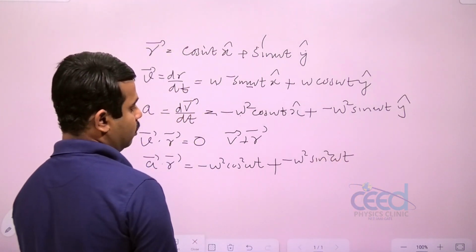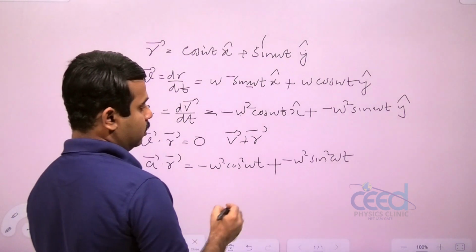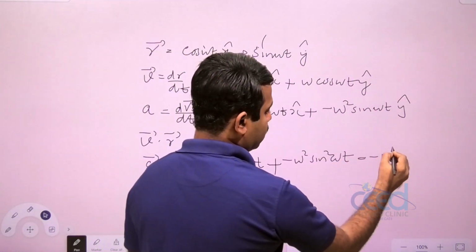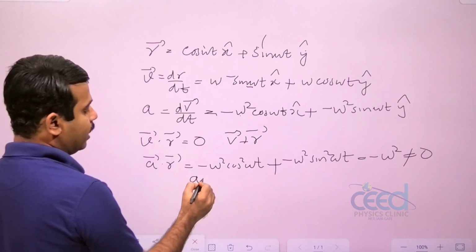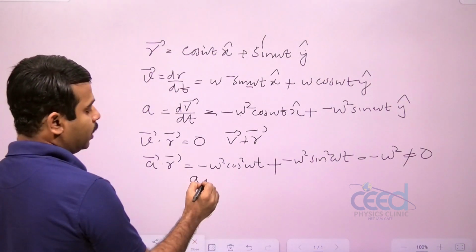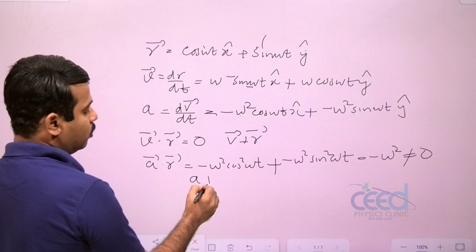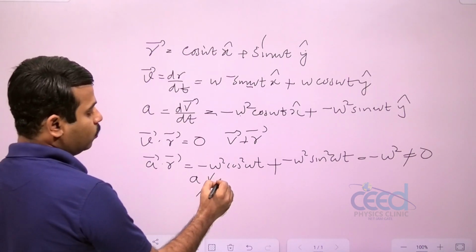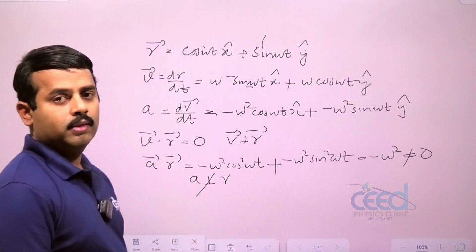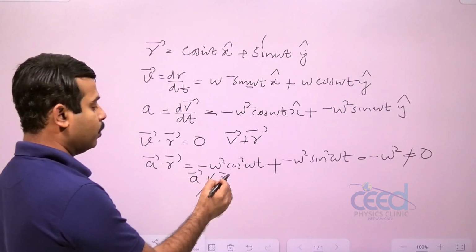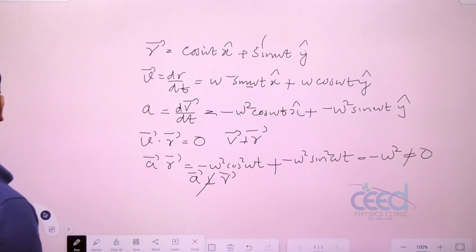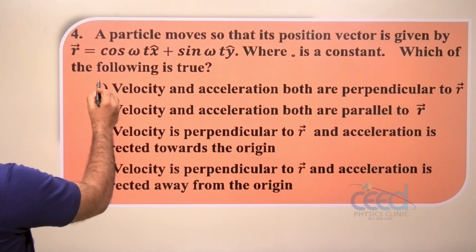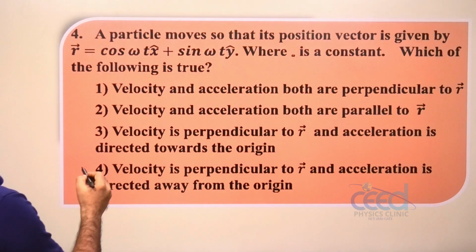Then this is minus omega square, that is not equal to 0, that's why a is not perpendicular to r vector. Then the first option is not true, so this is wrong.